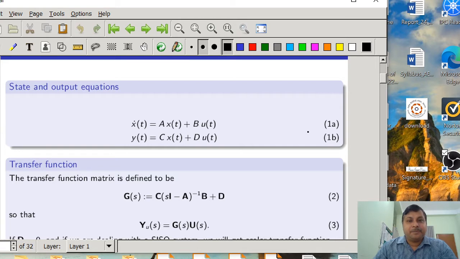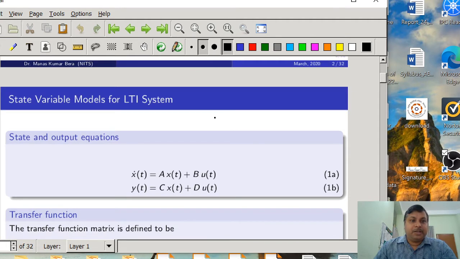If the system is represented in that particular canonical form, then it will be easy for us to design. We will discuss these when the time comes, but at this moment you will learn how to create certain standard realizations if the transfer function of a system is given.